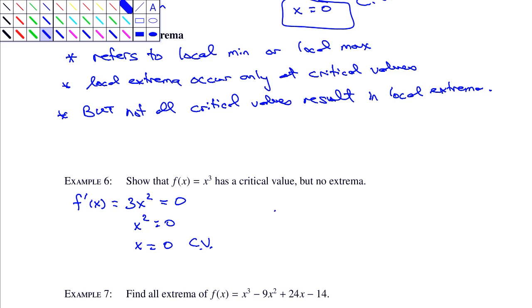Next, let's draw the sign chart. The only critical value on the sign chart is 0, and that's when the derivative is 0.